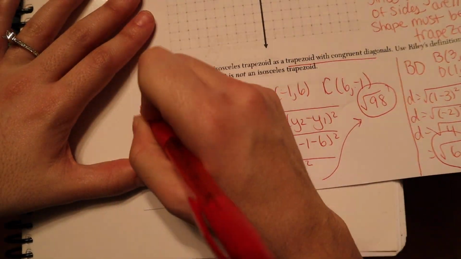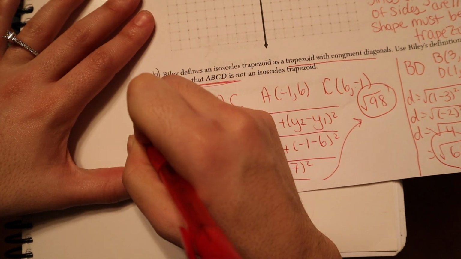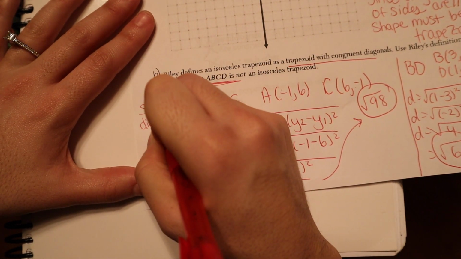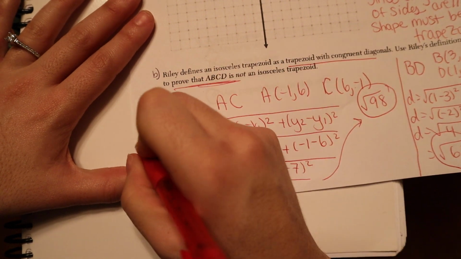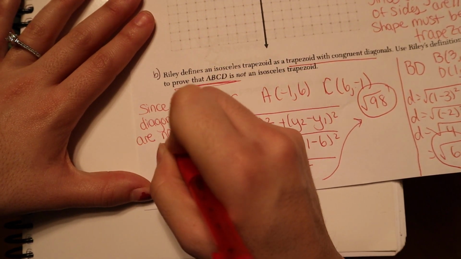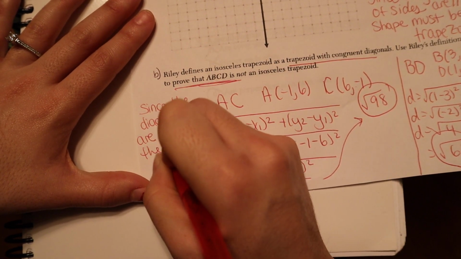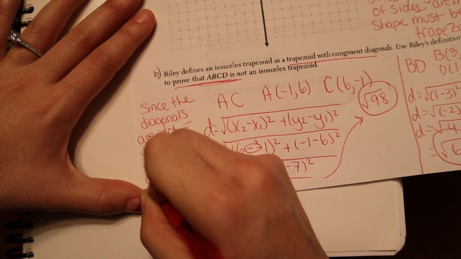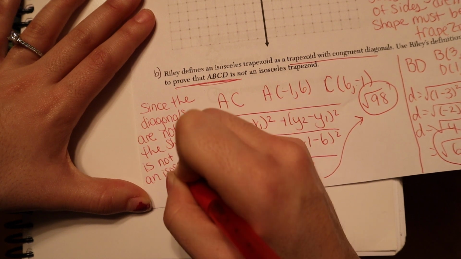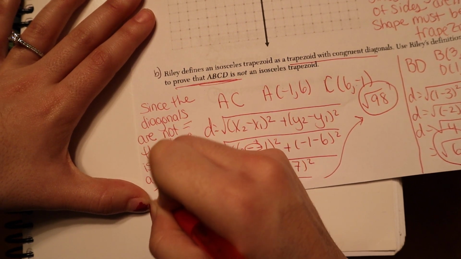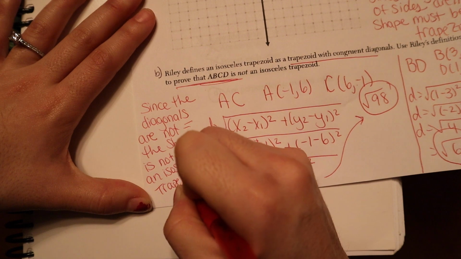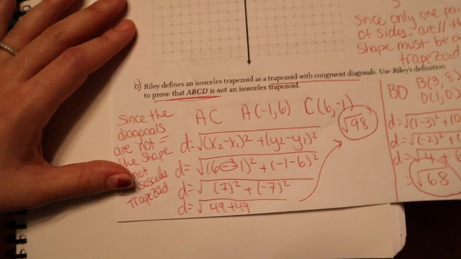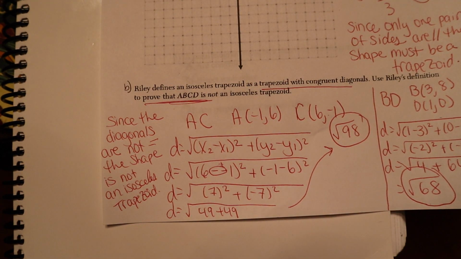So I'm going to say since the diagonals are not equal, the shape is not an isosceles trapezoid. As long as you just write about a sentence that can properly sum up what the point of your math was and what it shows, that would be a sufficient explanation.